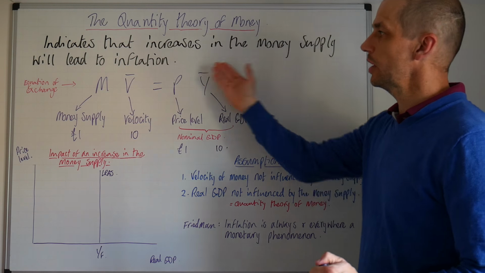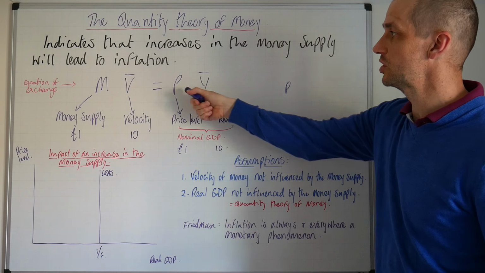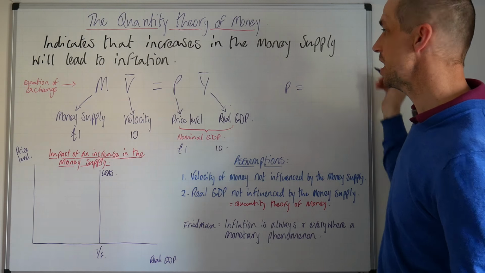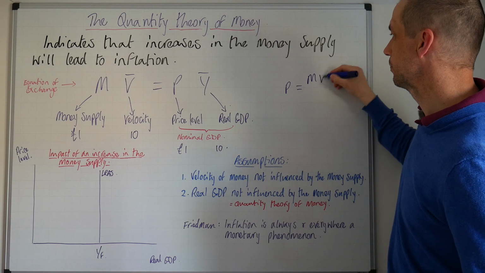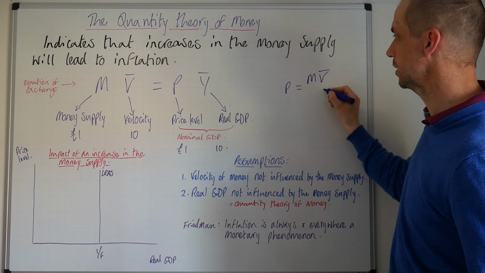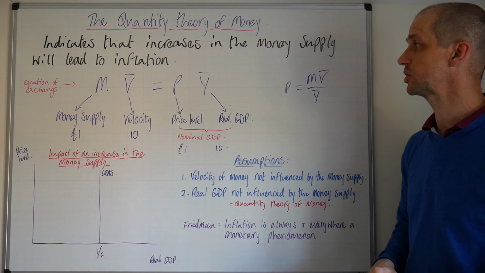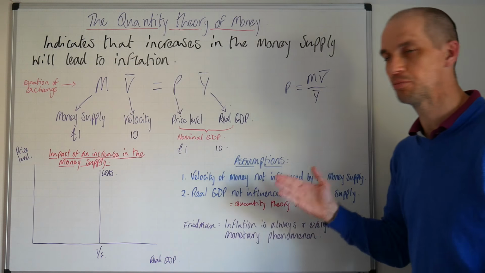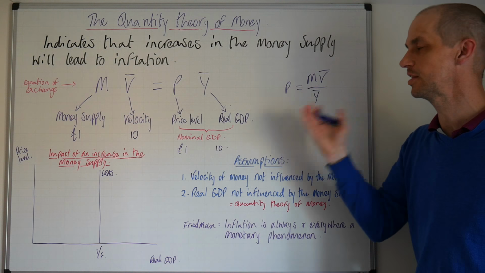Okay, so if we just rearrange this equation and consider what P would actually equal here, well, P would equal, on the other side of the equation, MV, which is fixed, divided by Y, which is also fixed. Okay, so just coming back to the very simple numerical example that I've applied, very crude, but it does the job, I think.